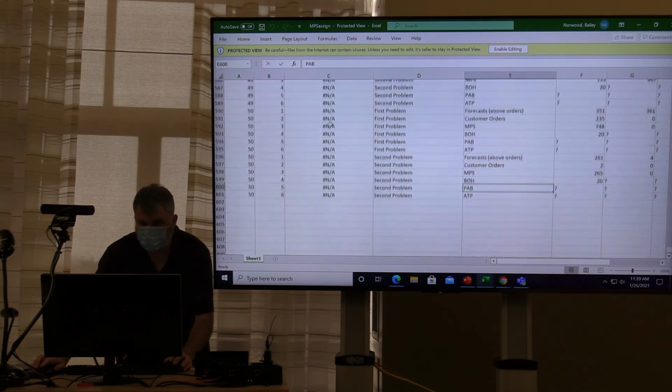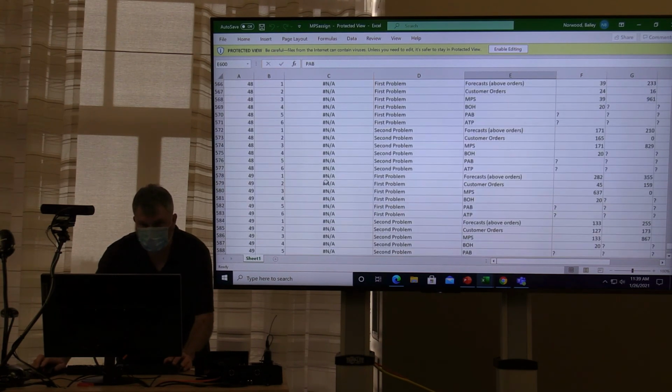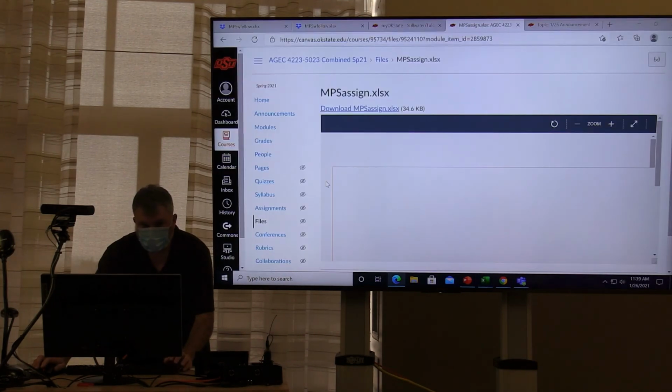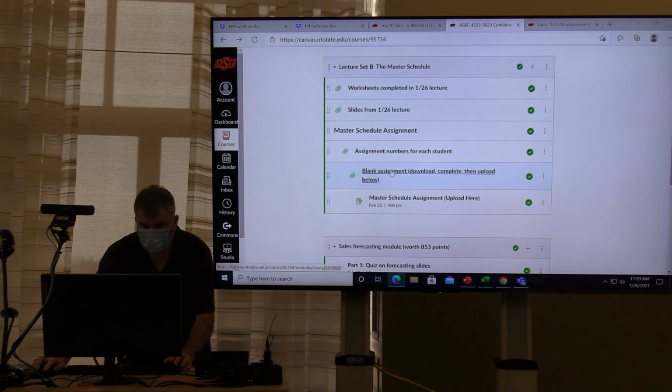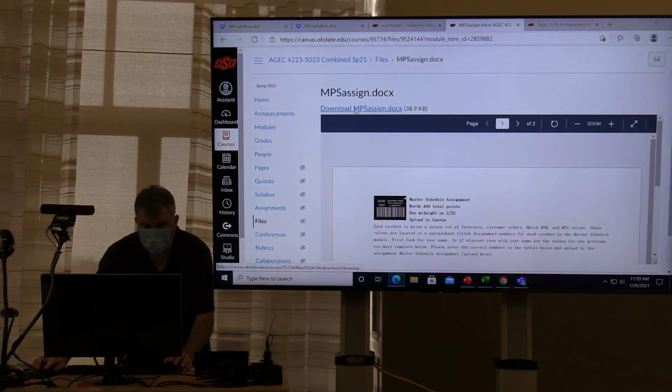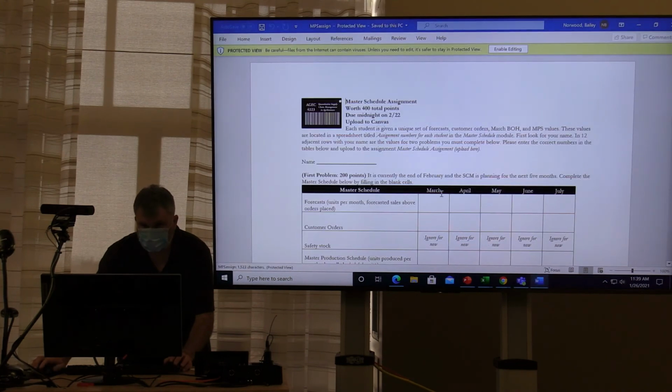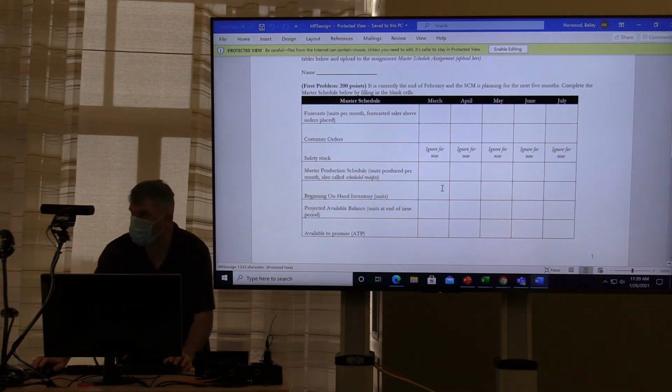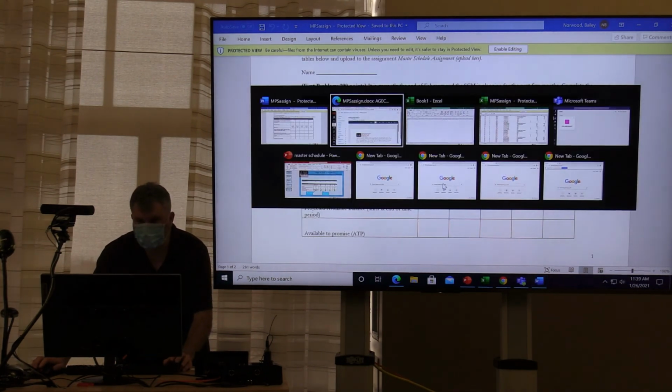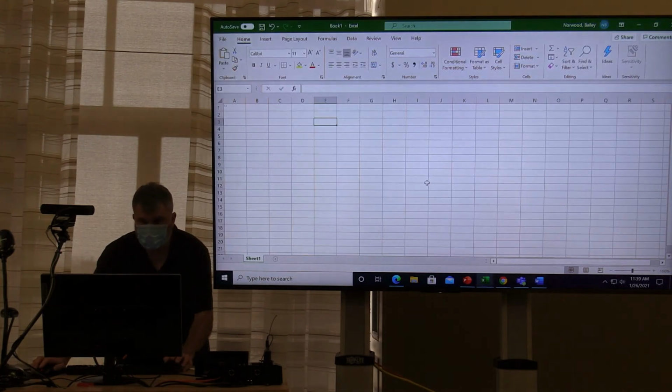Oh, and I have to fix something. I'll have to fix that when I get back. It's missing your name. And here's the blank assignment. So you see, here's the assignment, but the tables are blank. What you're going to have to do is come here.